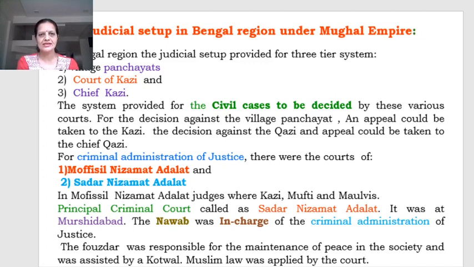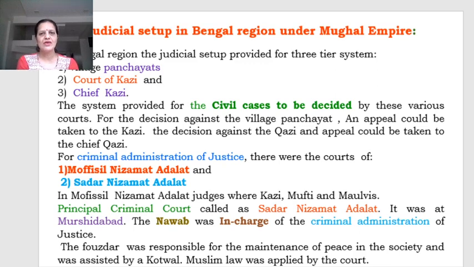Let's discuss the criminal administration of justice. For criminal administration of justice, there were the Moffisil Nizamat Adalat and the Sadar Nizamat Adalat. In the Moffisil Nizamat Adalat, the judges were Kazi, Mufti and Molvis. The principal criminal court was called the Sadar Nizamat Adalat, and it was at Murshidabad.